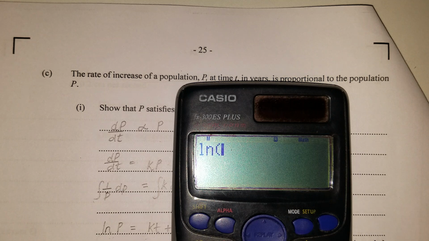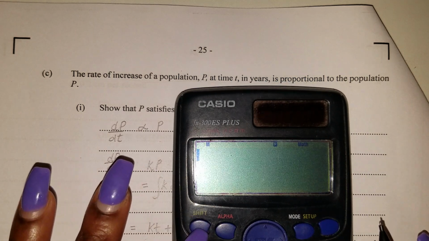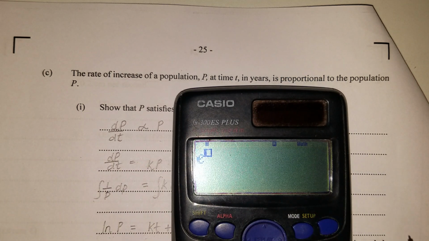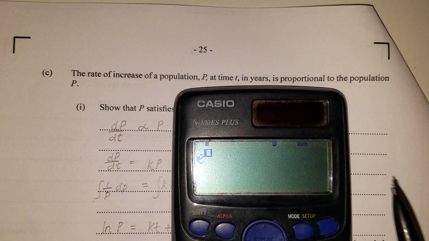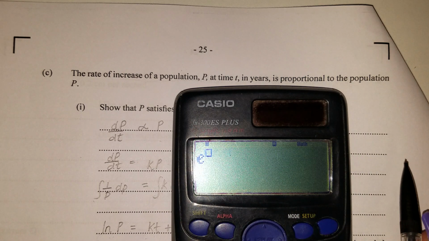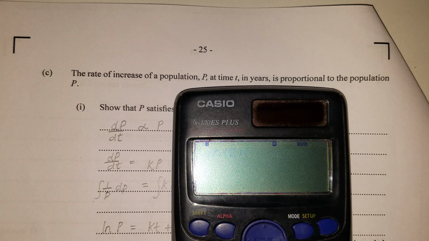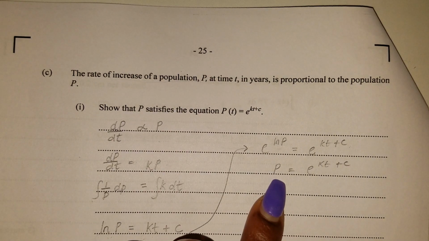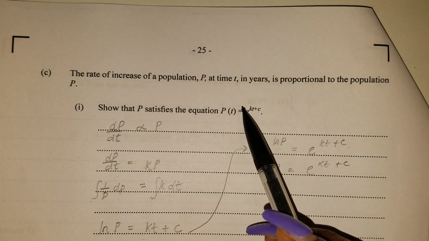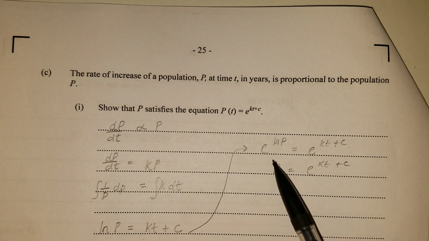So we have e raised to ln 2, and I tell you that I should get 2 when I press my equal sign. Okay, e raised to ln 2 equals 2. So e to the ln 2 is 2, so e to the ln P will still give me P. So here we have satisfied the equation.